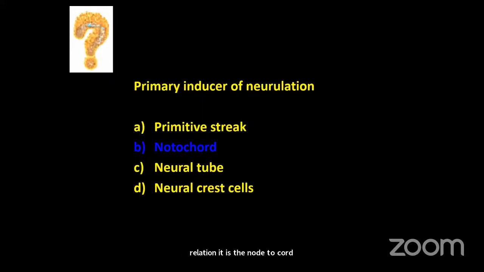When we talk about development of fetus, one structure formed will induce the formation of another structure, and it is just like a sequence. That is why we call them inducers. Only if notochord is formed, neural tube is formed. Only if primitive streak is formed, notochord is formed. Okay, hope you got the connection. So here the primary inducer of neurulation is notochord.